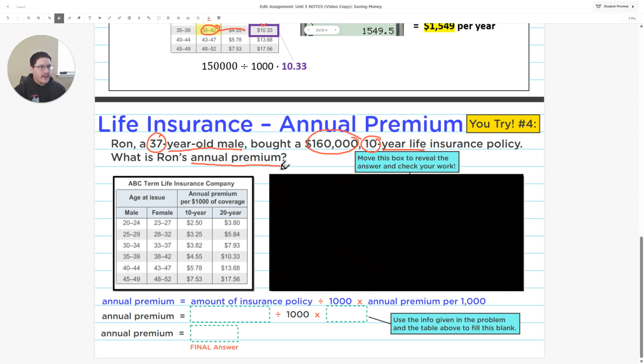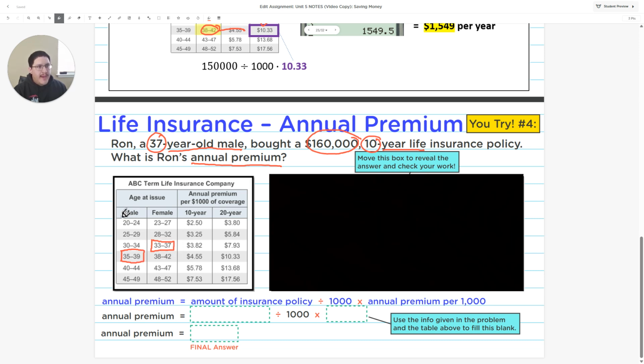So how do we calculate this? First, let's look at what Ron's coverage will be based on his age and the year the policy is taken out for. So 37-year-old male will be right here. And notice how 37-year-old male and 37-year-old female are in two different rows.